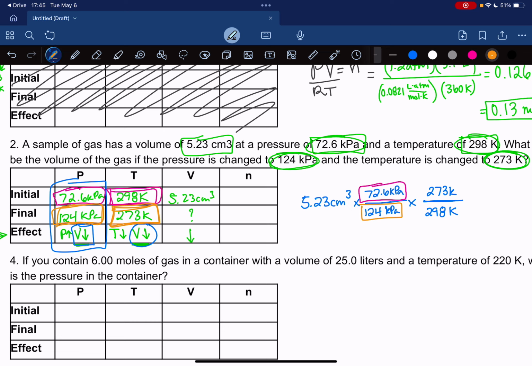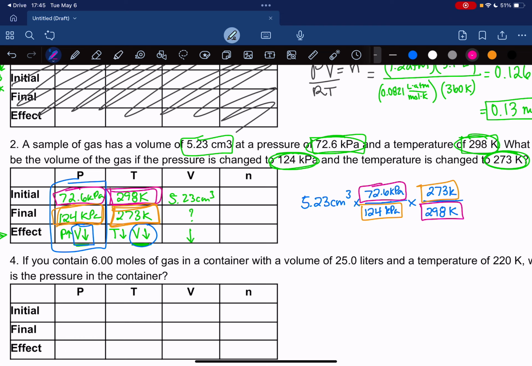But then for the next ratio, my final is on top of my initial. That is allowed. That is okay. I know that some of us feel like that must be wrong. It is not the case that we always have to put the initial on top, that we always have to put the final on top, or that even both ratios have to agree.